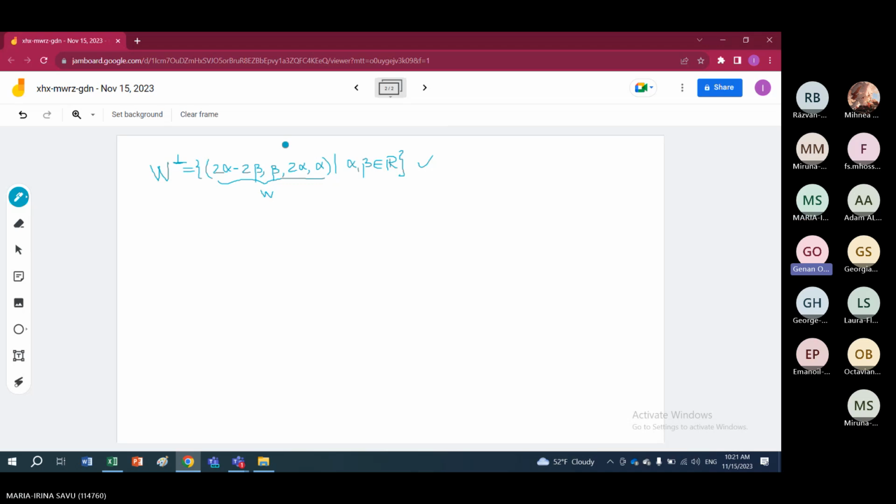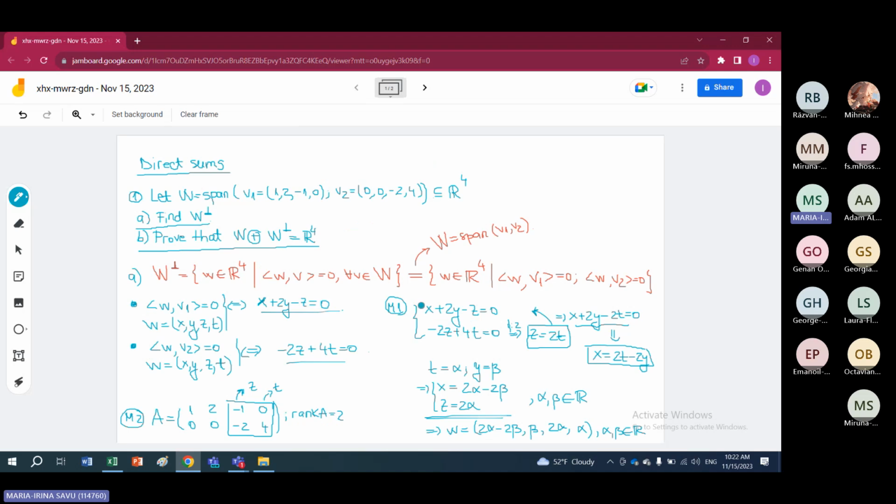Any method is recommended because this expression doesn't matter, because you will find different bases if you use a different method. If you use this method, you find the basis in the perpendicular, and if you're using this method, writing x and y, z and t, you'll find another basis, but both are correct.